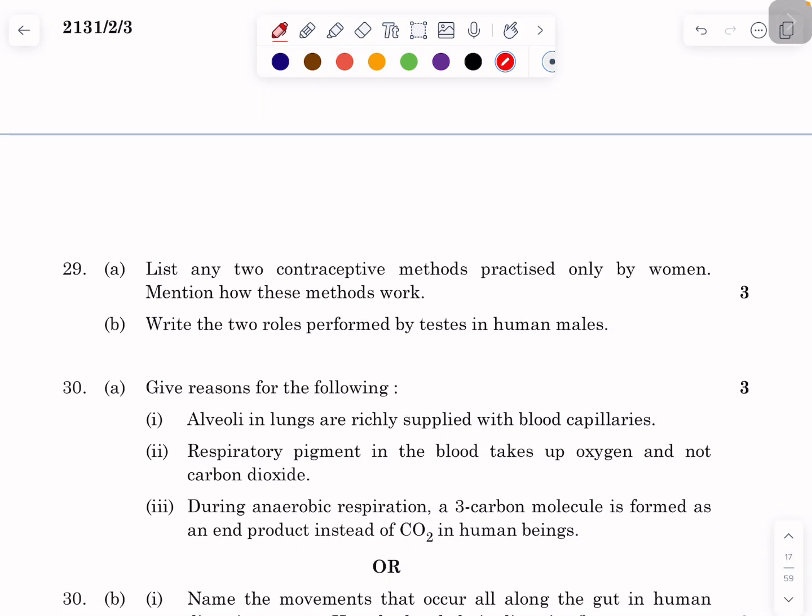Okay, next question is 29. List any two contraceptive methods practiced only by women. Mention how these methods work. The first one is oral pills, a chemical method, which changes the hormonal balance so eggs are not released.